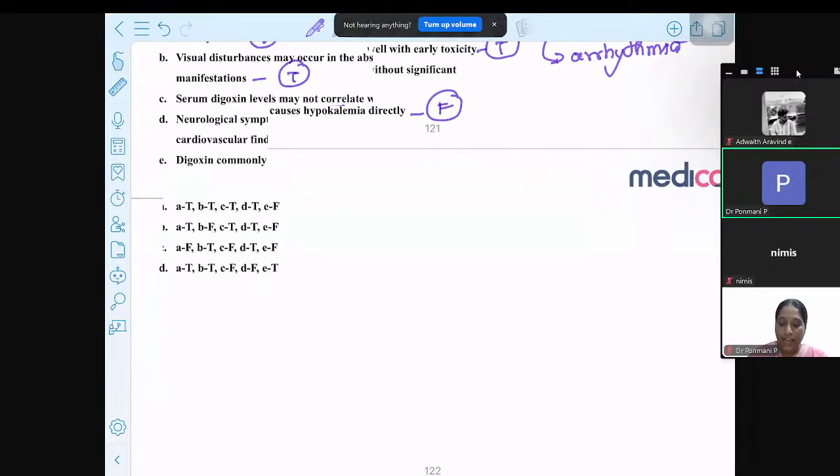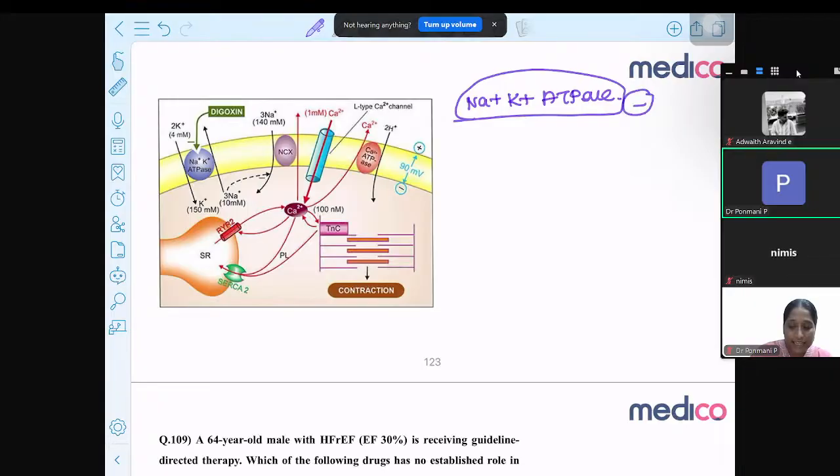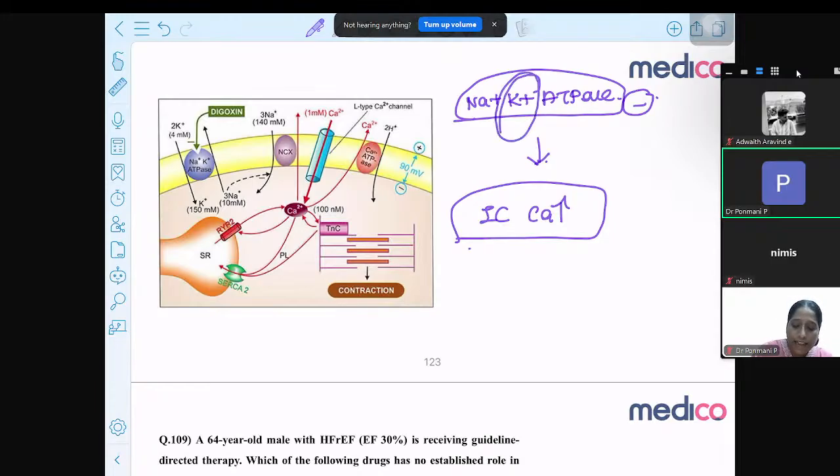Why? Because as you know, digoxin works by inhibiting the sodium potassium ATPase. When this sodium potassium ATPase is inhibited, the end result is that the intracellular calcium is going to rise. Where is digoxin going to bind in this sodium potassium ATPase? It is going to bind to the site exactly where potassium binds. So when the potassium levels in the blood are low, what happens?